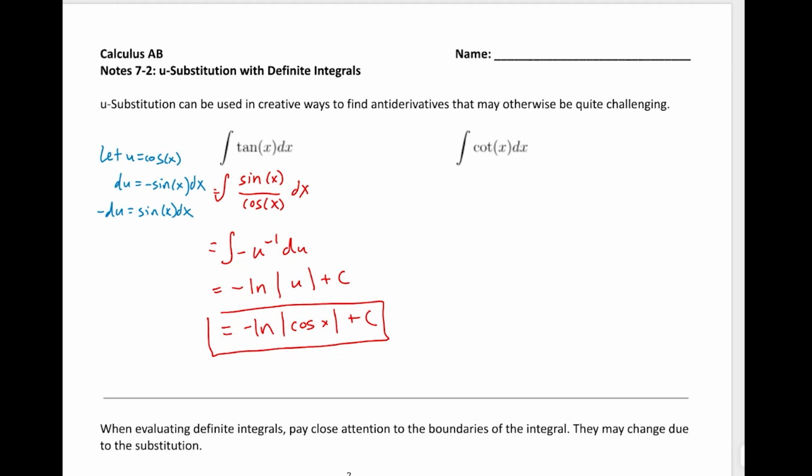How you can get there is logarithms have some special properties, one of which is if you've got a coefficient in front of a log, you can rewrite that as an exponent of the argument. And so you could rewrite this as natural log of absolute value of cosine of x to the -1. And the reciprocal of cosine is secant.